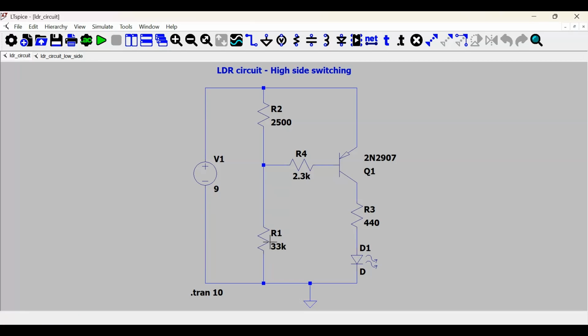So we can use the LDR and the transistor as a switch to turn on the LED either when the light is present or when it is dark. That depends on how the circuit is connected. In both NPN and PNP transistors, we can use this logic.